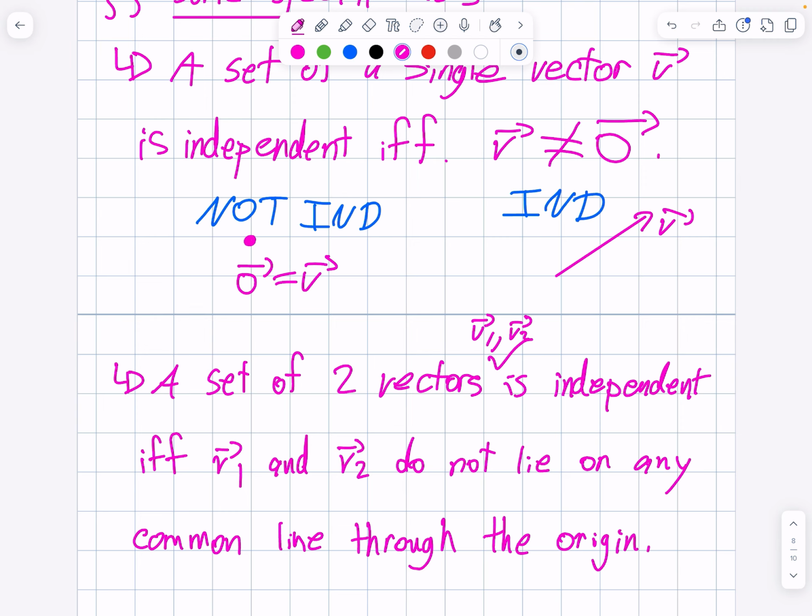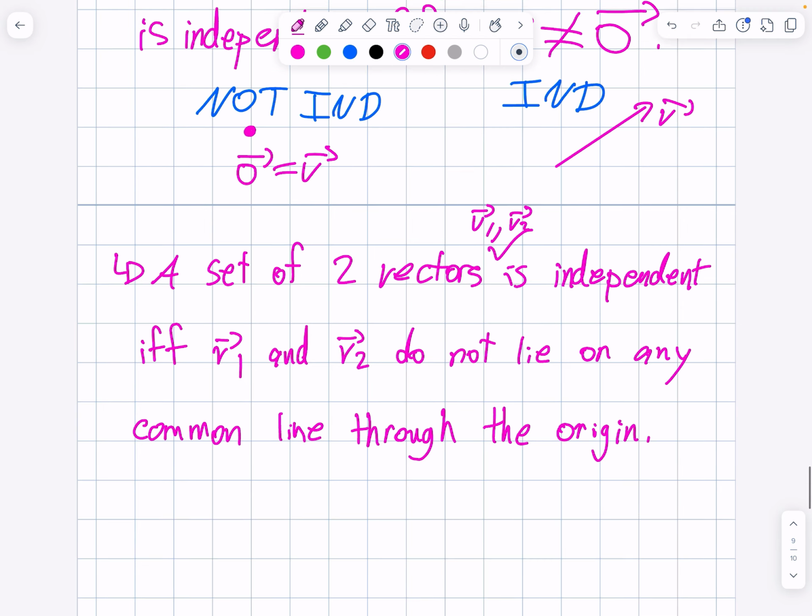Lying on a common line is the same thing as saying, i.e., v1 is not equal to t times v2 for any scalar t.